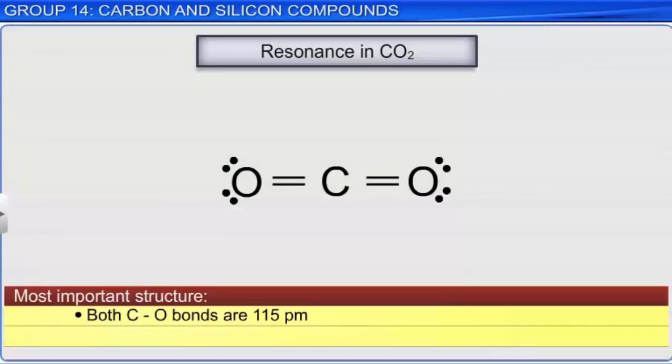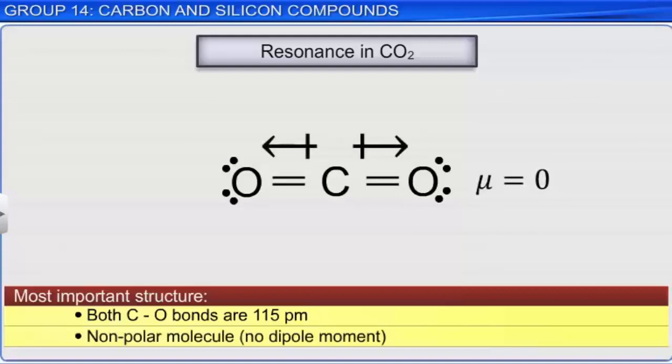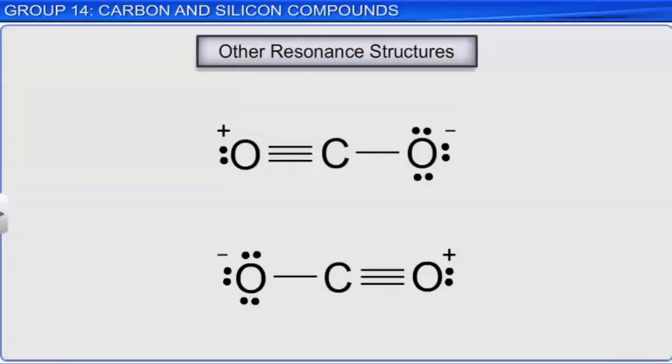The carbon-oxygen bonds are 115 picometers in length. The carbon dioxide molecule is non-polar. Although the carbon-oxygen bonds are polar, the bond dipoles cancel. Two other resonance structures shown here can also be drawn for carbon dioxide.